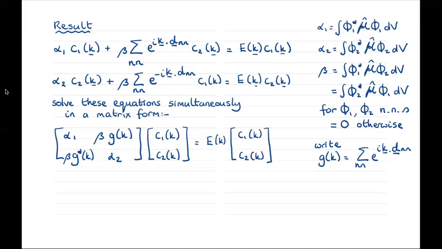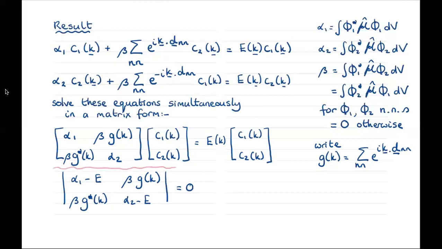And so to solve for the energy, we just have to solve the secular determinant, alpha 1 minus E, beta g of k, beta g star of k, alpha 2 minus E, is equal to 0 to obtain the energies. So this secular determinant, of course, we can extend. If we have more atoms, we'd have just a line with alpha 3 minus E, and so on.